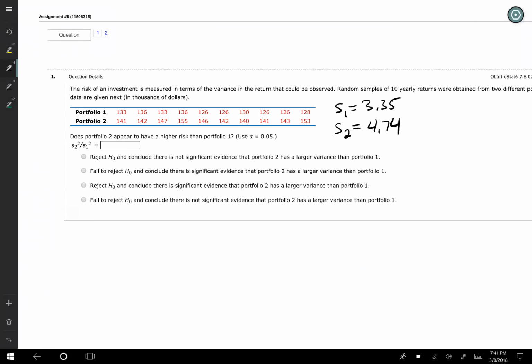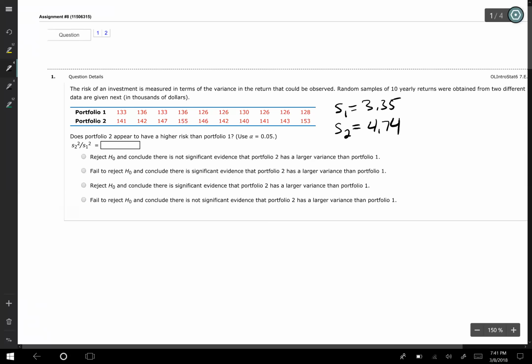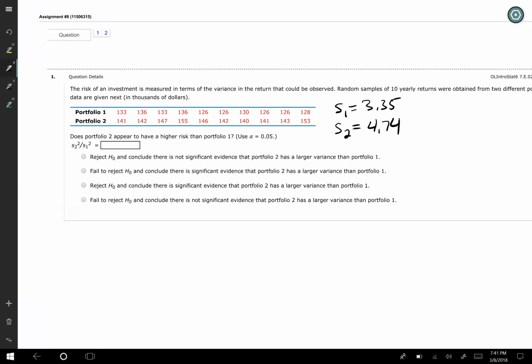I might not. I might present this with a few samples such that it's up to your discretion what you want to call 1 and what you want to call 2, because in this problem it doesn't matter. But when you go to the computation, yes, you will want to have the larger sample variance in the numerator.